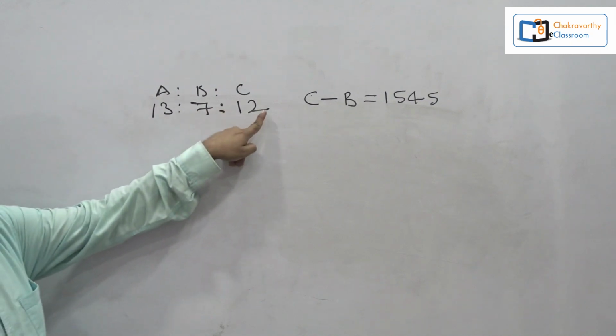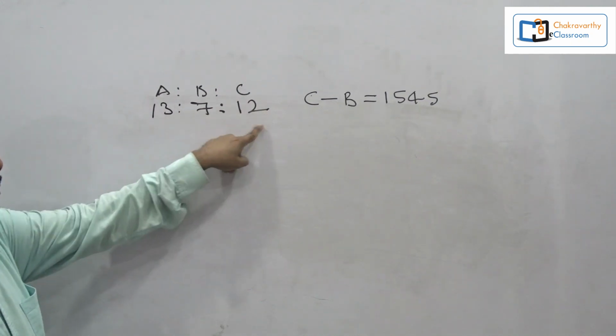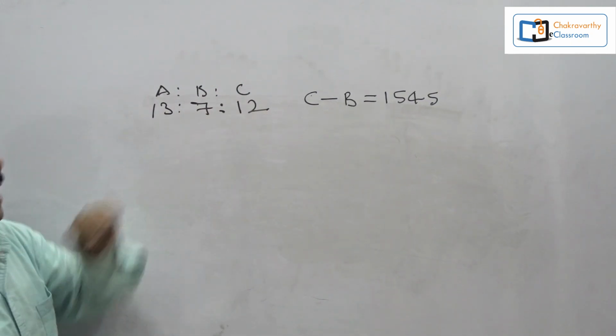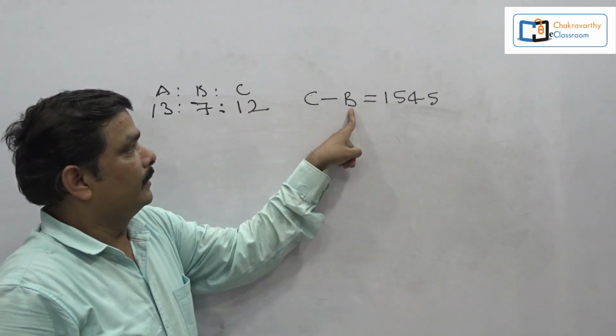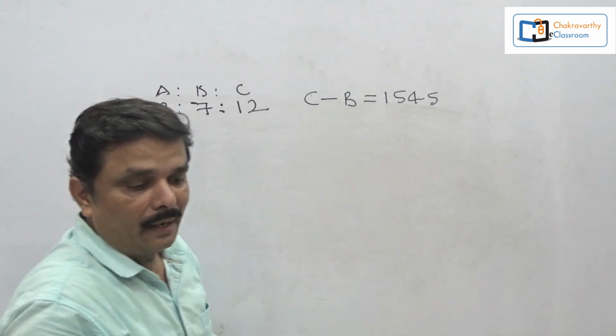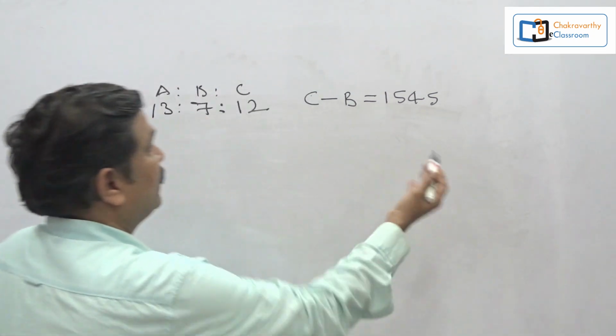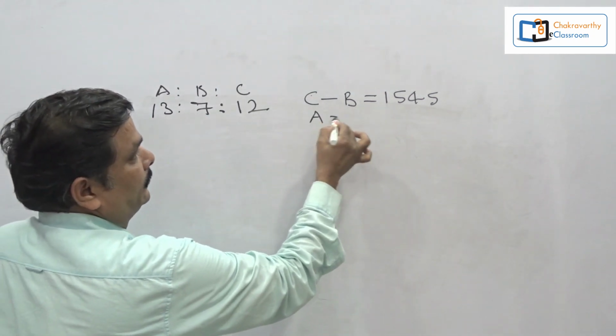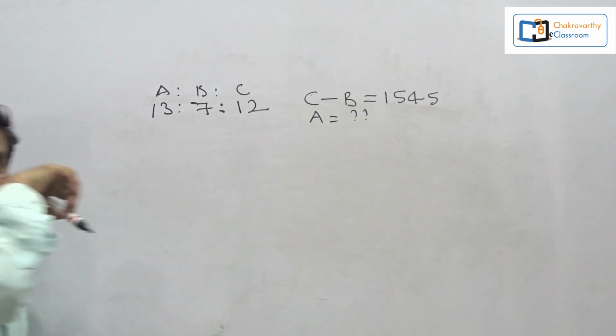Incomes of A, B and C are in the ratio of 13:7:12. And if B earns 1545 rupees less than C, then what is the income of A? What is A's income is the question.